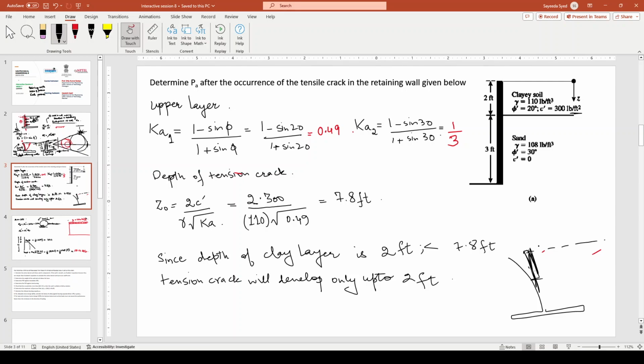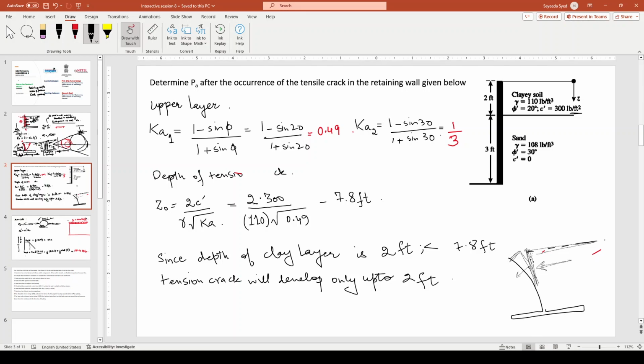Due to this detachment of this solid body, the load produced by it is now not getting carried here.